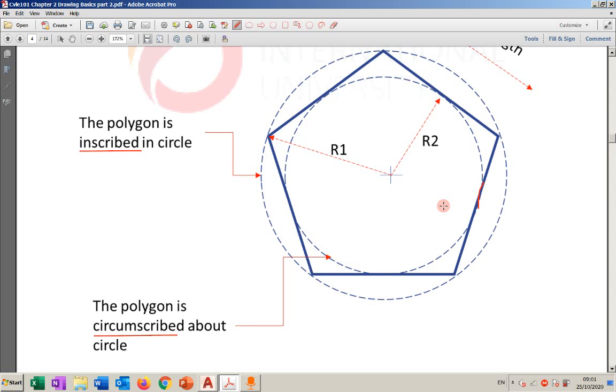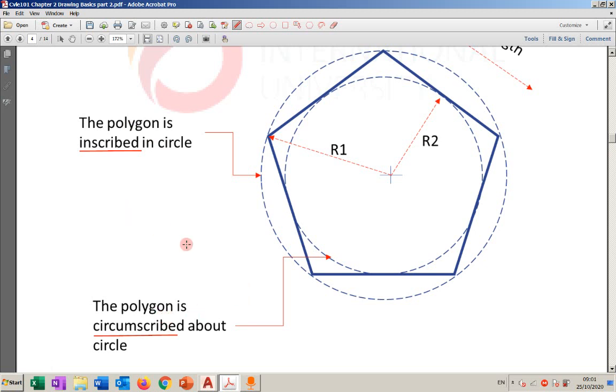We said it doesn't matter, yes, but depending on the information, I might not have both of them. I might have this option, or I might have that option. So before drawing the polygon, I have to know which information is given to me.